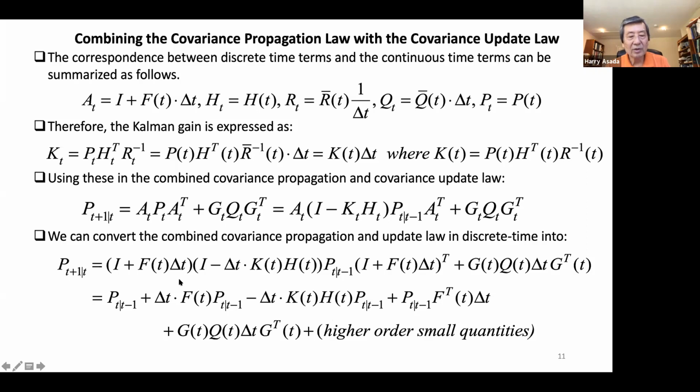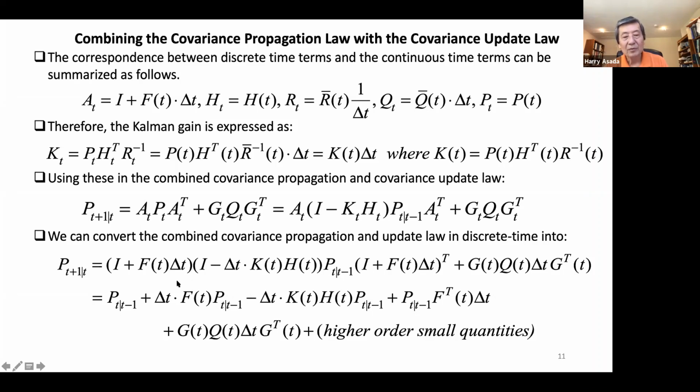So starting with this expansion, if I take I, and then I over here, and then PT given T minus 1, and the I, that's resulting in PT given T minus 1. If I take F delta T and I, and actually I over here, that results in delta T FT from here, and then PT given T minus 1 over here, and then I, that's nothing.